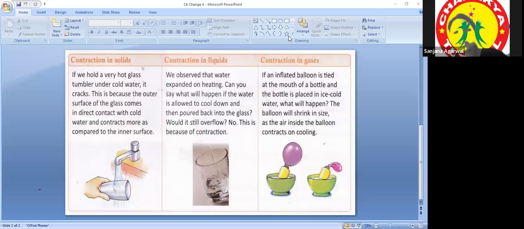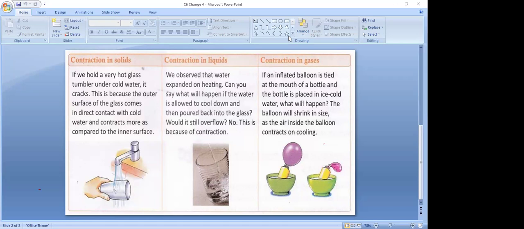Should I stop sharing the slide? Yes, ma'am. Open back exercise of same chapter.